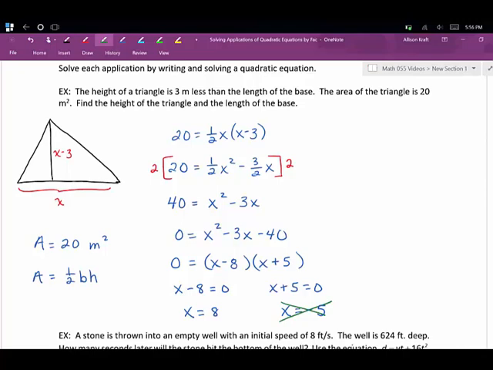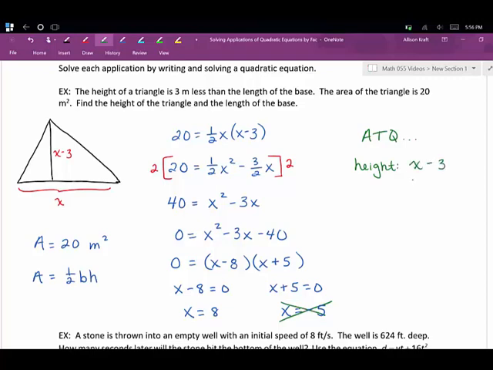Now that we've concluded that x equals 8 is an answer that makes sense for the context, we want to make sure that we have actually answered the question. They want us to find both the height and the base of the triangle. The height of the triangle we define to be x minus 3, looking at our diagram.